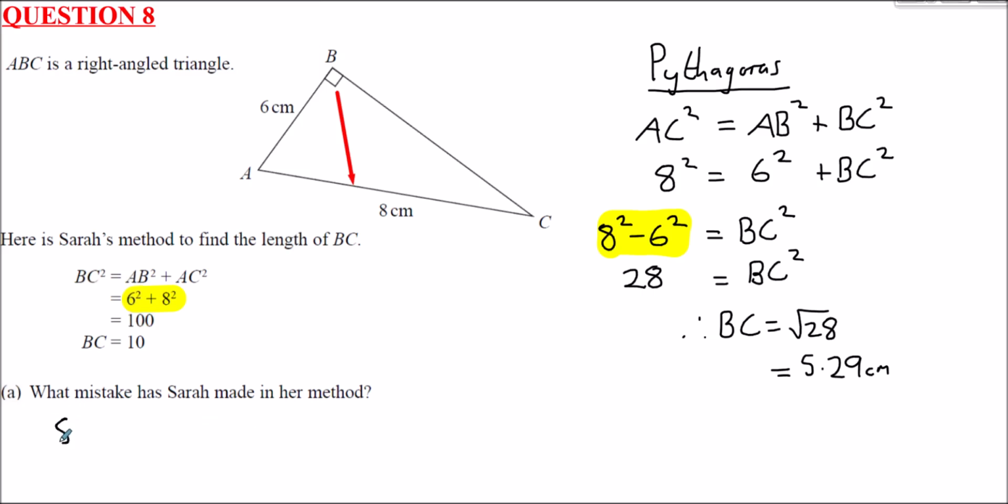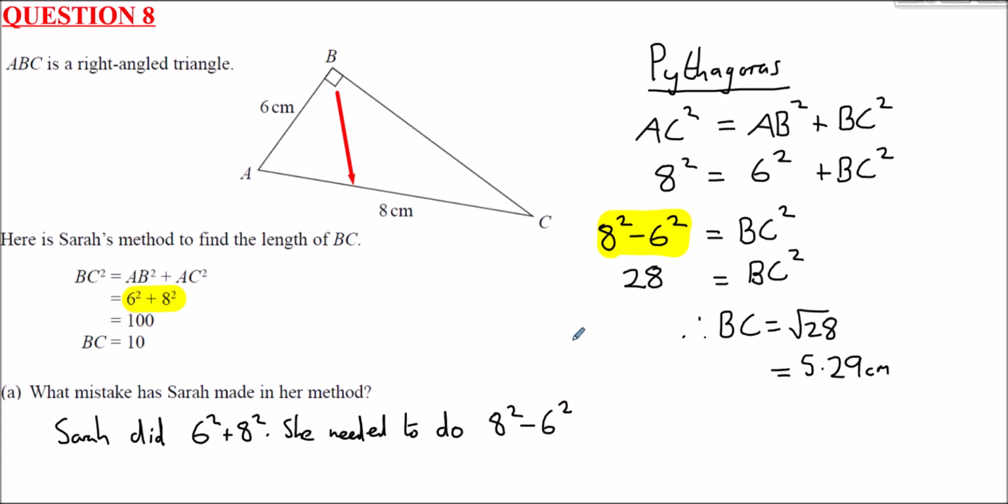So Sarah did 6 squared plus 8 squared. She needed to do 8 squared minus 6 squared. Okay?